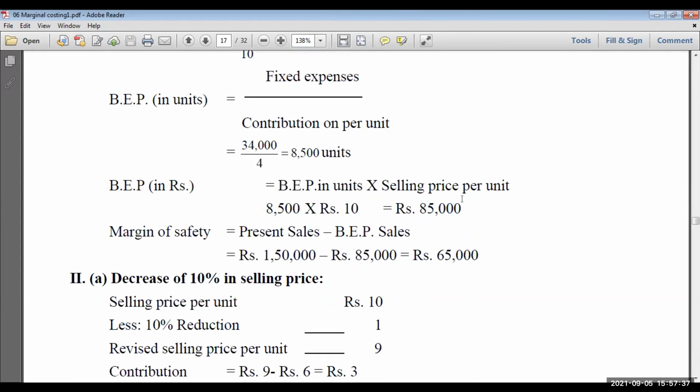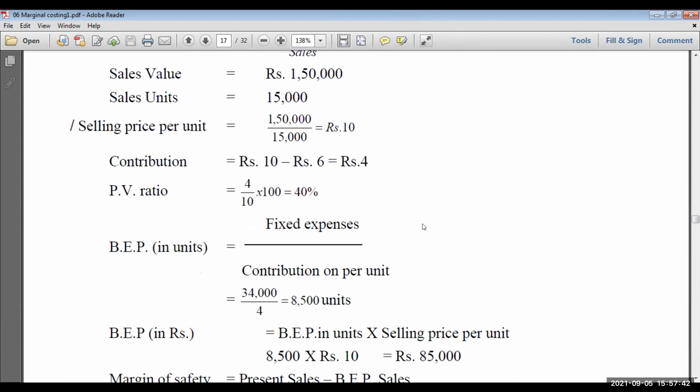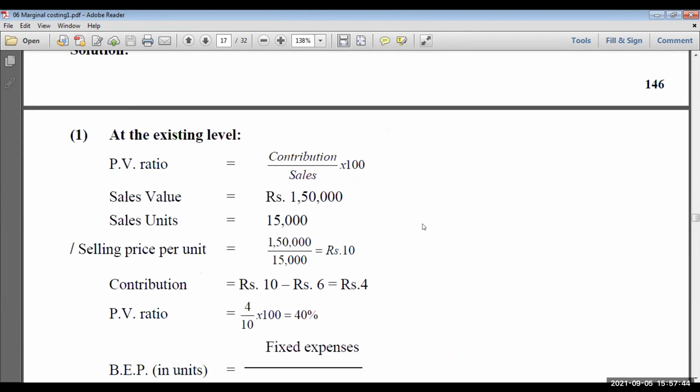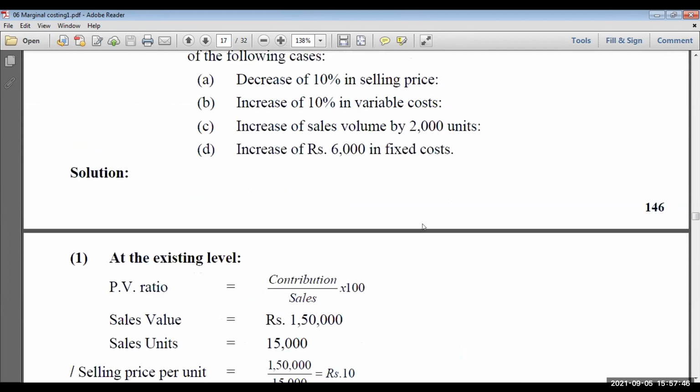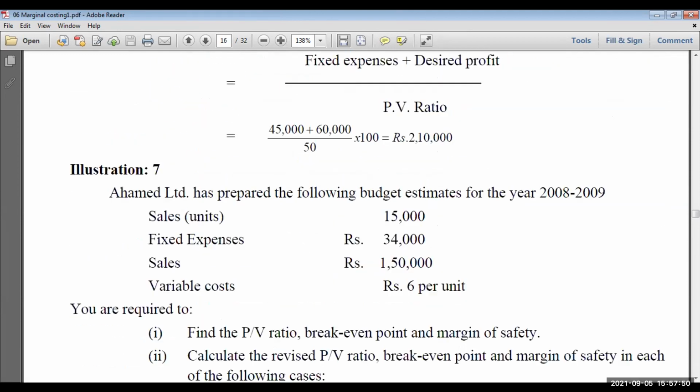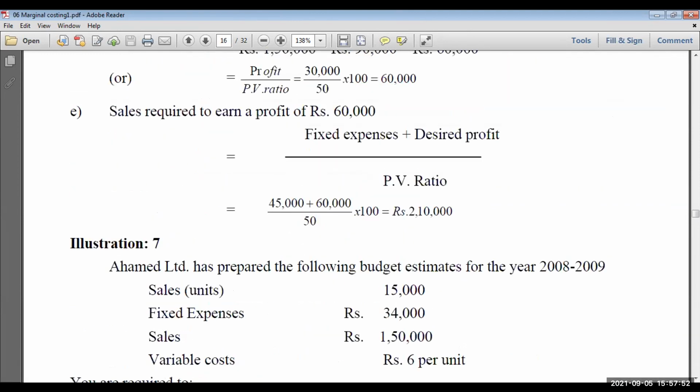We are still not able to view the illustrations. Okay, so I will share this file. There are so many other questions you can practice later. Any other doubt?